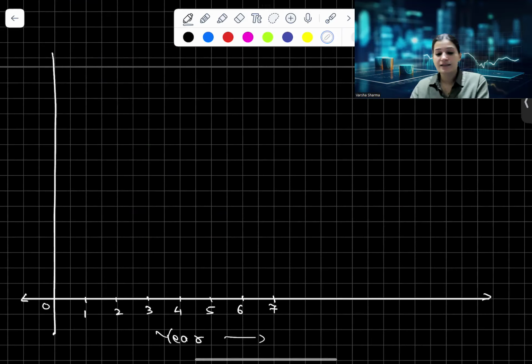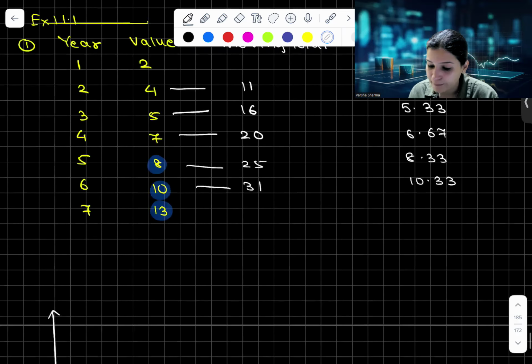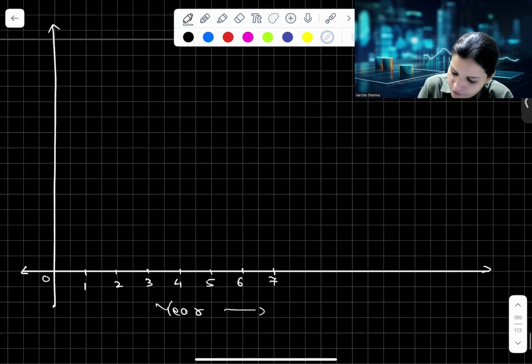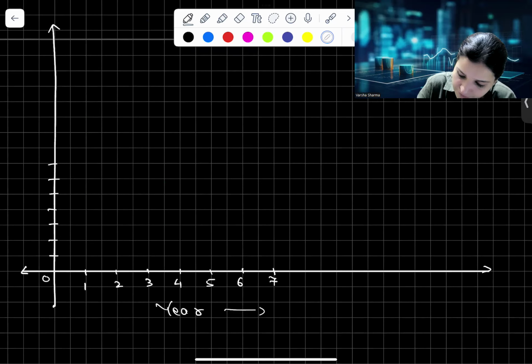And in your y-axis, we plot the second column and the last column. Looking at the second column, we need till 13, so 1, 2, 3, up to 13.